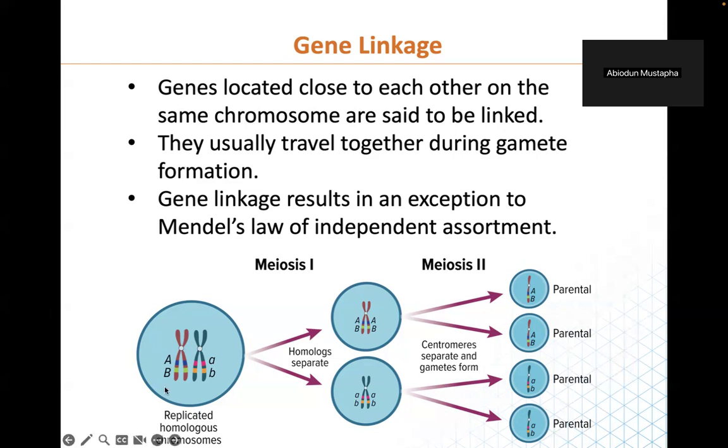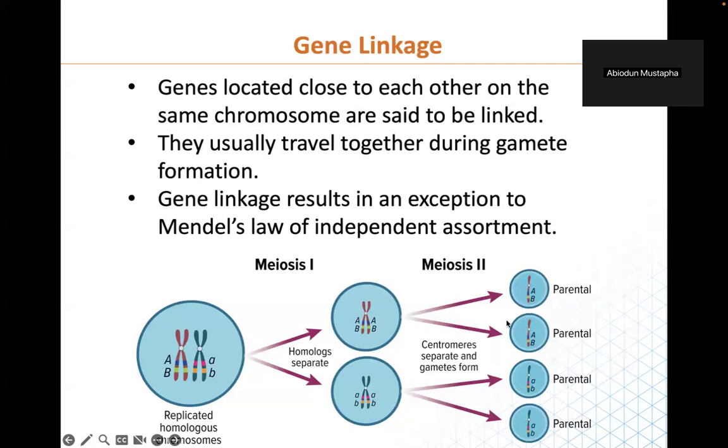You can see we've got replicated homologous chromosomes here. These homologous chromosomes will separate into 2 different cells. During meiosis 1, this is what you have, because in meiosis there is haploid, so they have to split.